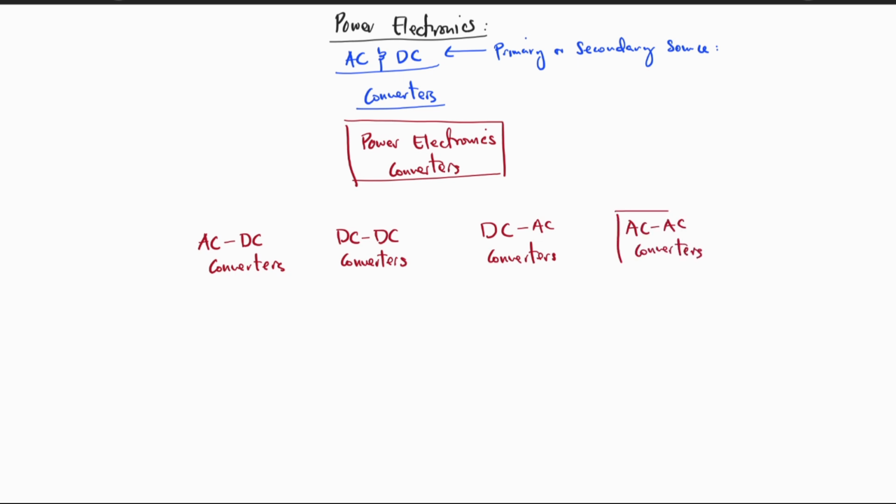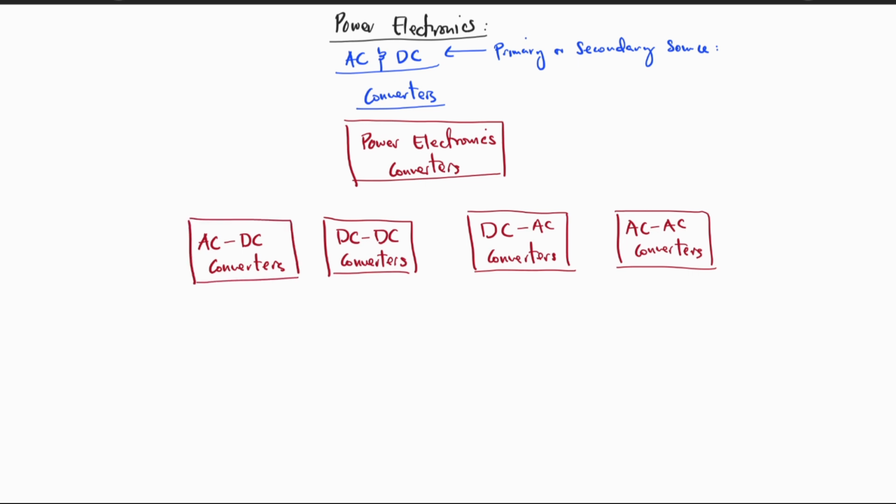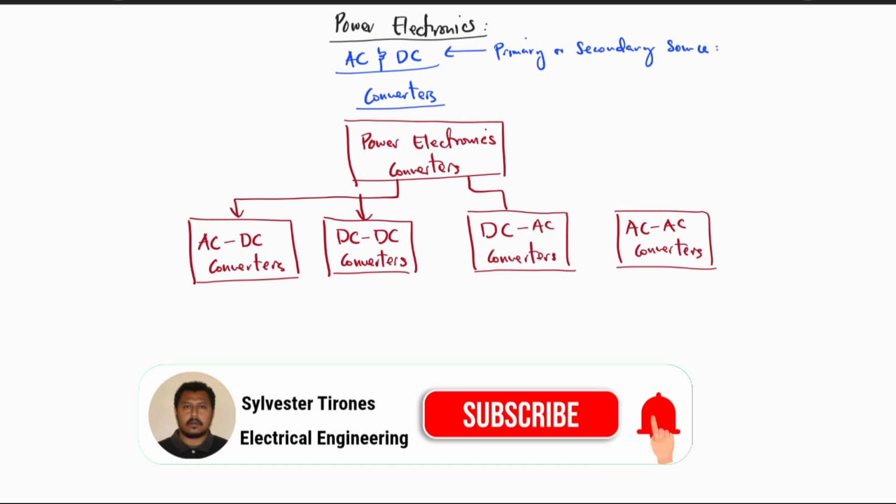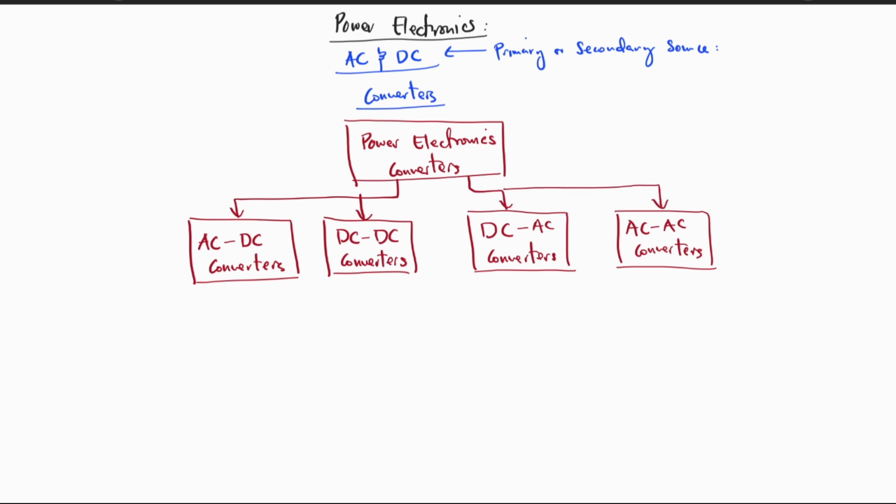So those converters play a vital role in power systems, especially power system generation, transmission, and distribution. And this can be the category of the converters that we will discuss.